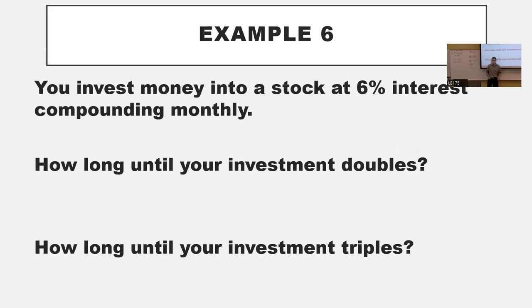Let's do another example. So we've done a lot with continual growth. Let's do an example where we're not compounding continually, but rather we're compounding monthly. So this says we invest money into a stock at 6% interest compounding monthly. Now it doesn't tell us how much money we do invest, so we'll just leave the initial principal as P right now. Okay.